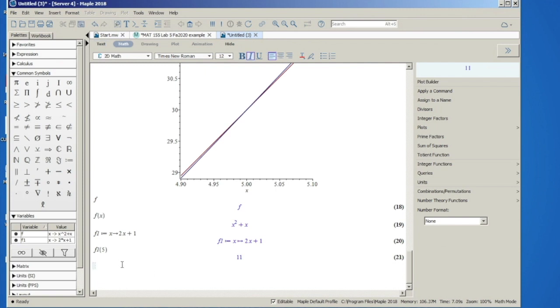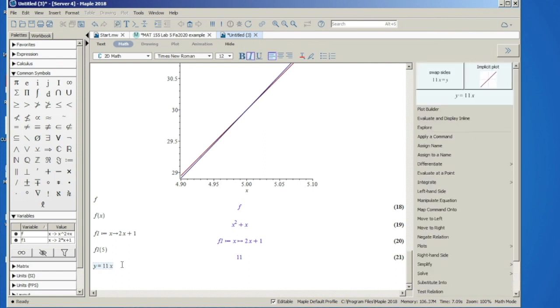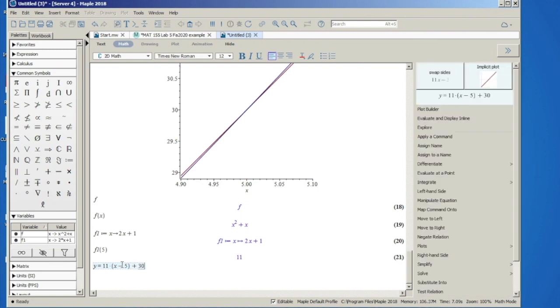Before we plot, let's write down the equation of the line that passes through the point 5 and f of 5. So the slope is 11, so I have y equals 11 times x, and my point was 5 and 30, so minus 5 plus 30.